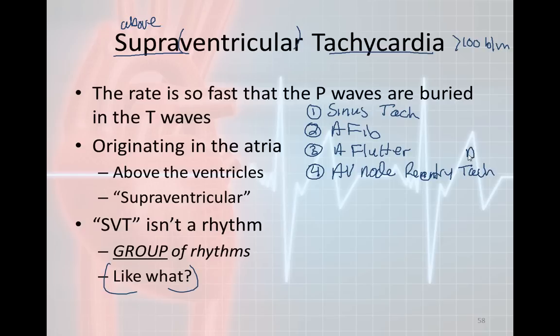This is also called AVNRT. We'll talk about that one here in the junctional presentation, AVNRTs. Number 5 is ATAC, and we just covered ATAC. The 6th most common is something called multifocal atrial tachycardia. And the least common SVT rhythm that you would run into is junctional tach.